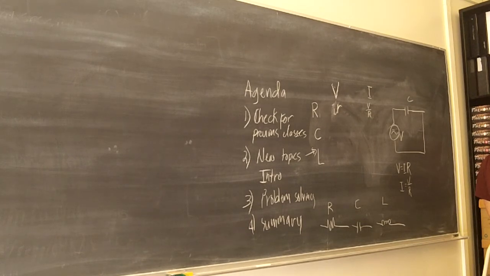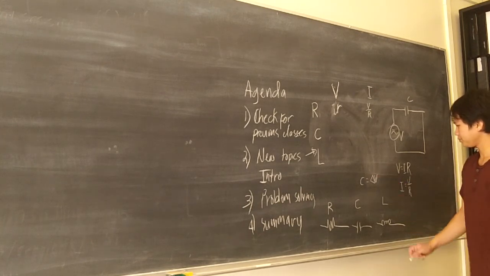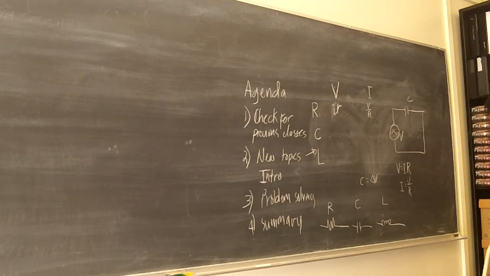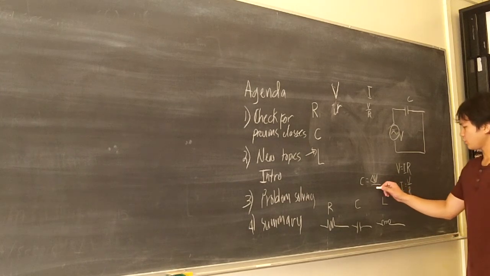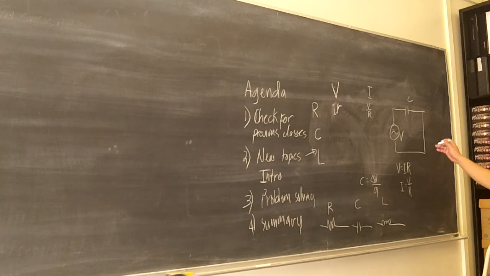C equals delta V over Q. Okay, so how about if it's in a circuit though? What's the voltage across it? V equals IR? I think this is new to you.